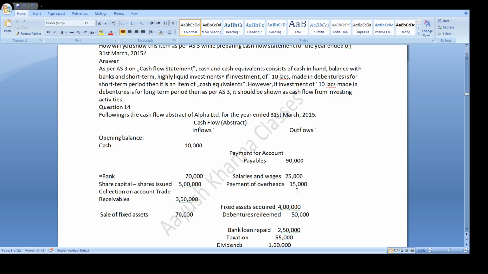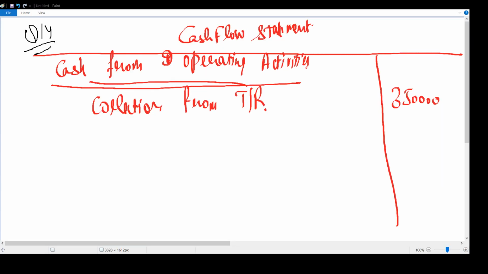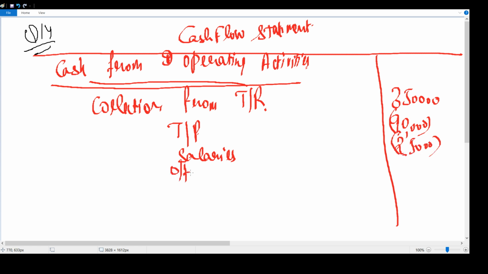So we'll transfer it in operating activities, as it is related to operation of an entity.